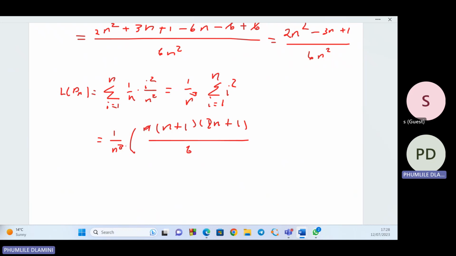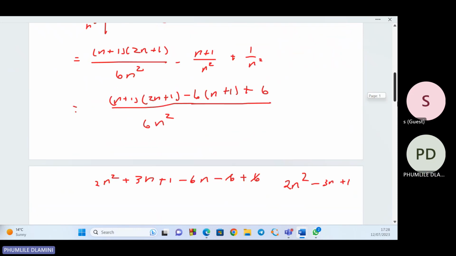So this will cancel a little bit with this one. Then you're going to be left with (n plus 1)(2n plus 1) divided by 6n squared.